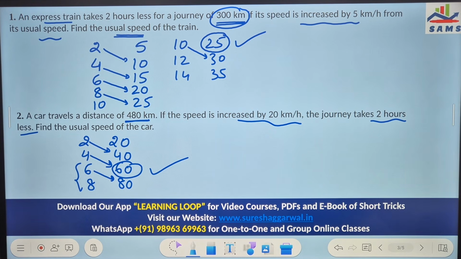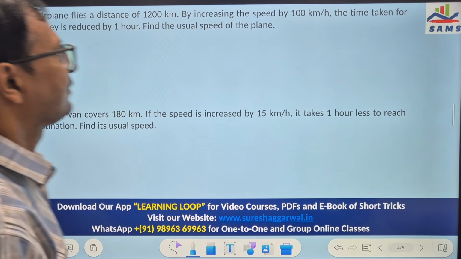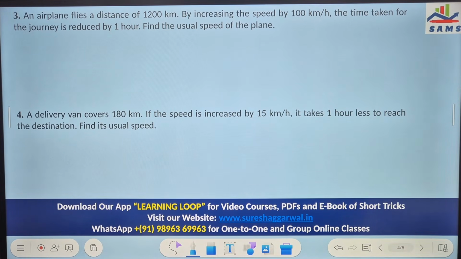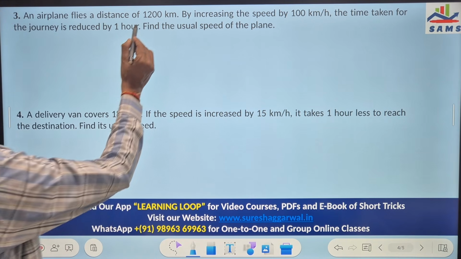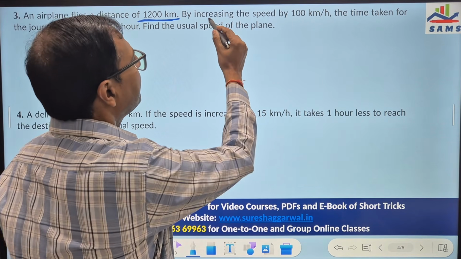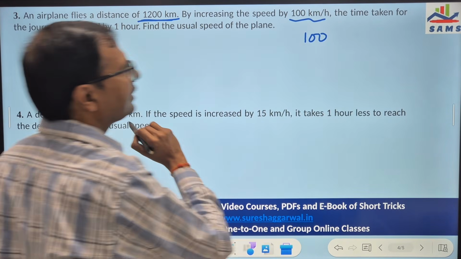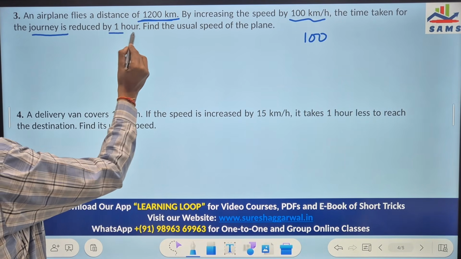Isn't that easy, friends? You want to practice more? Let's take 2 more questions. So there is an airplane which flies at a distance of this many. So we need the product equal to 1200. By increasing the speed by 100, so increase in speed is 100, the time taken is reduced by 1 hour.